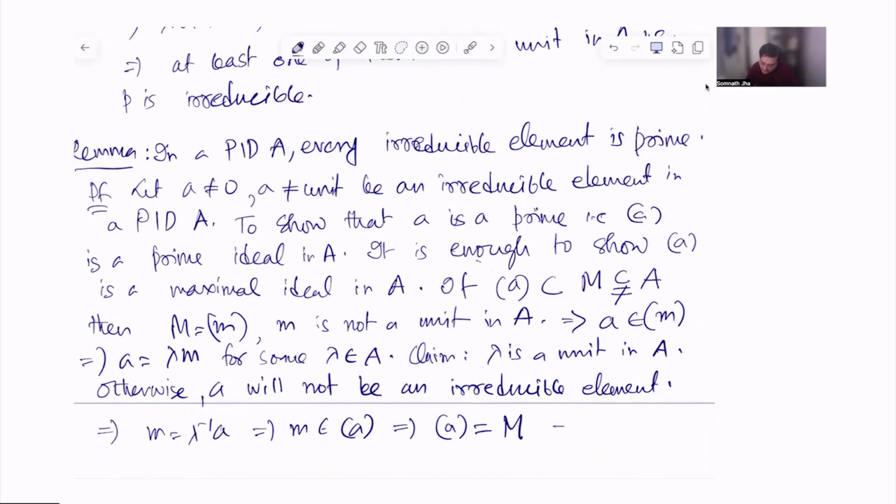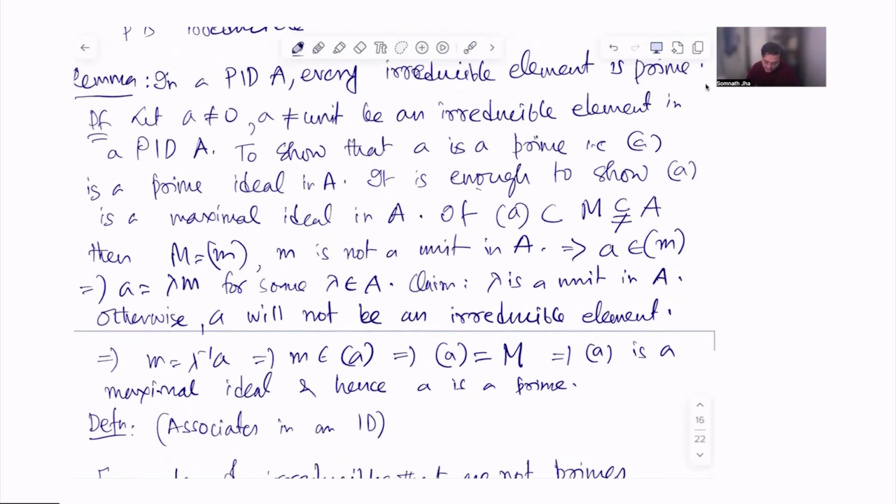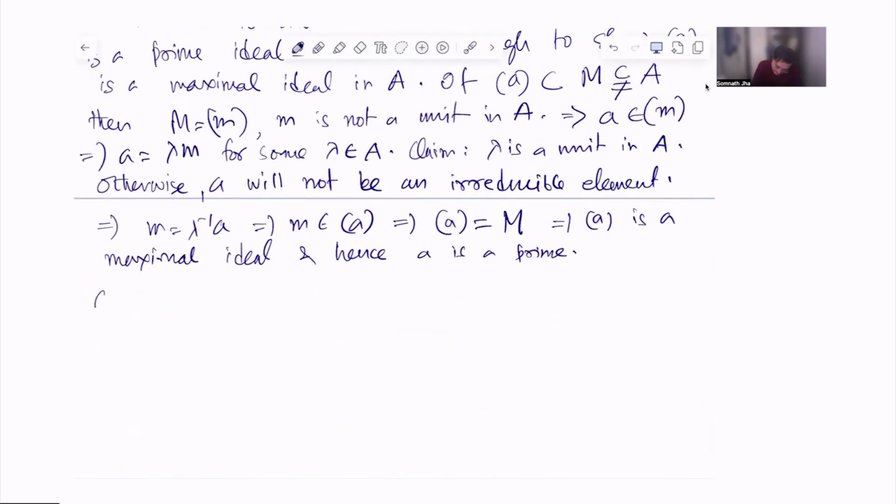So this implies that A is a maximal ideal, and hence A is prime. So in a PID, every irreducible element generates a maximal ideal. This is a useful thing.